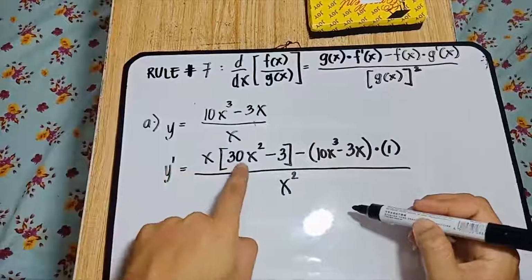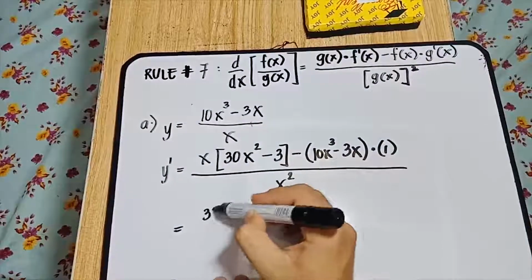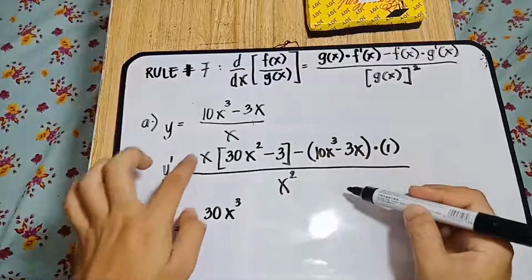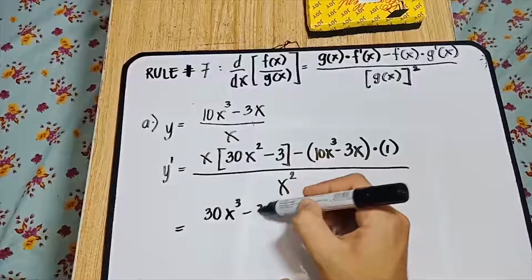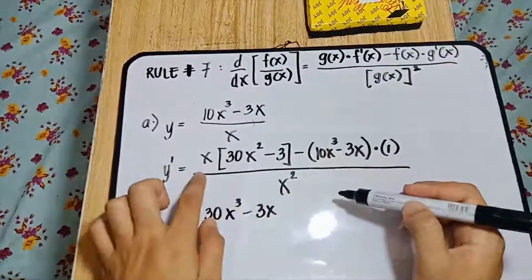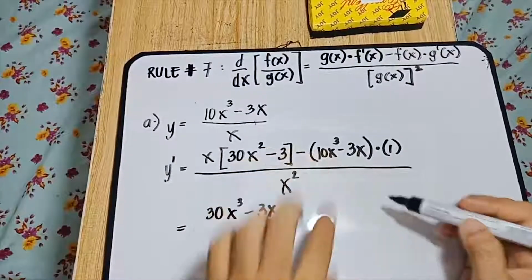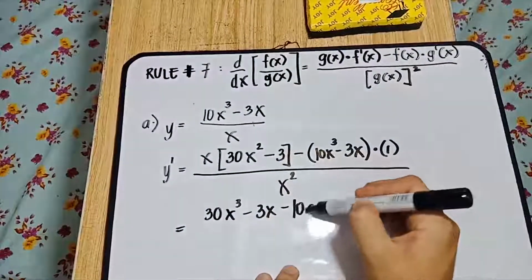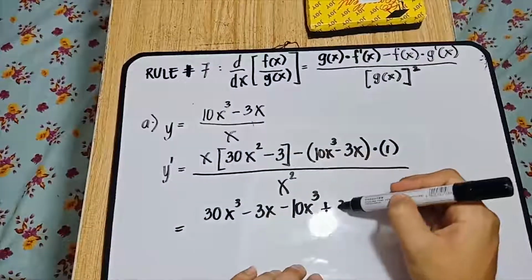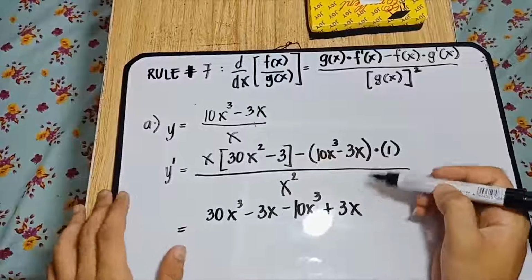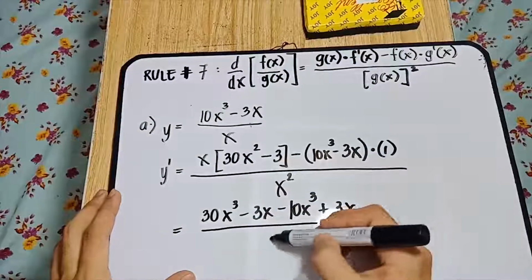Distribute ko to. So, we have 30x cubed. Ito yun x multiplied by 30x squared. That's 30x cubed minus 3x. Ito yan. Then, minus to. So, that will be minus 10x cubed. Negative, negative. That is positive 3x. All over x squared.